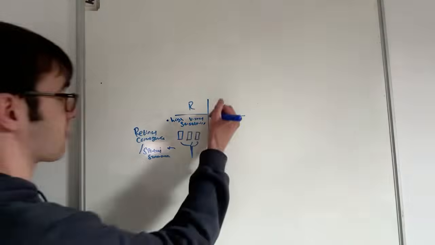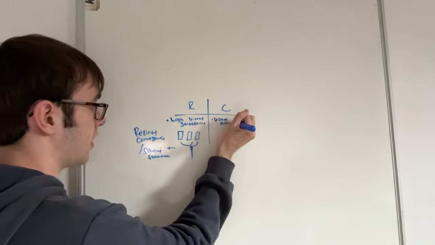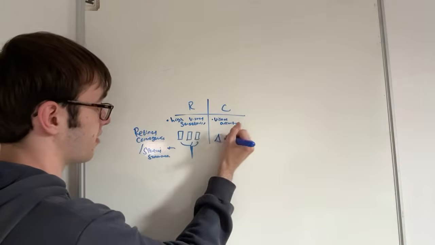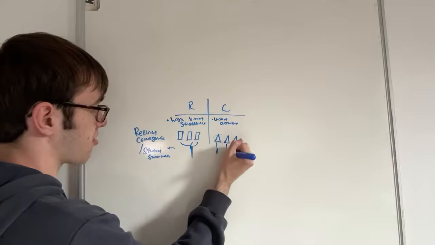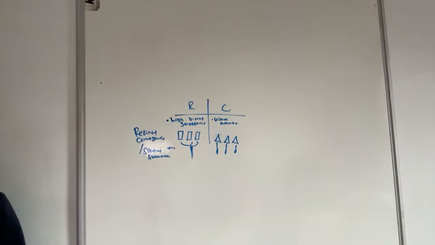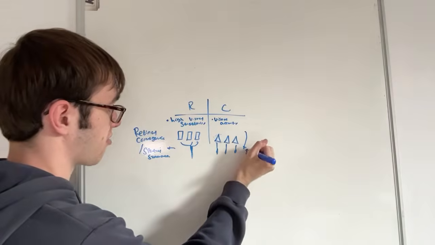Cones are the opposite. They have a high visual acuity, and that's because each cone cell, ignore the crude drawings, is connected to its own bipolar neuron. Therefore, the cone cells send separate impulses to the brain.